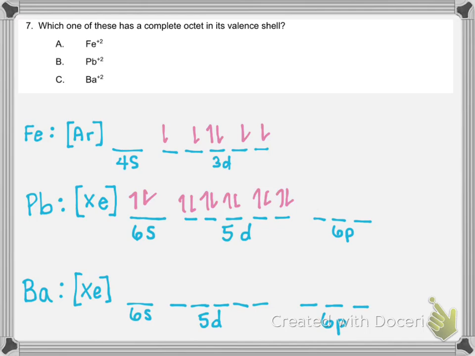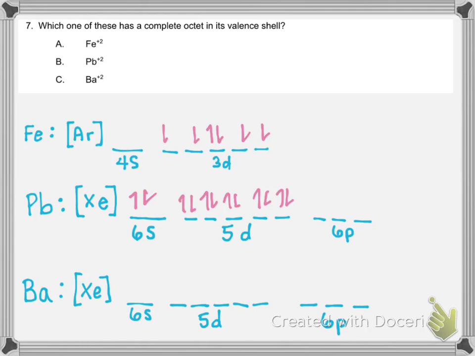Okay. And then we have barium. It has a xenon core, and then it just has those 2 s electrons. And so, if we need to make it +2, now we're going to erase those 2 electrons.